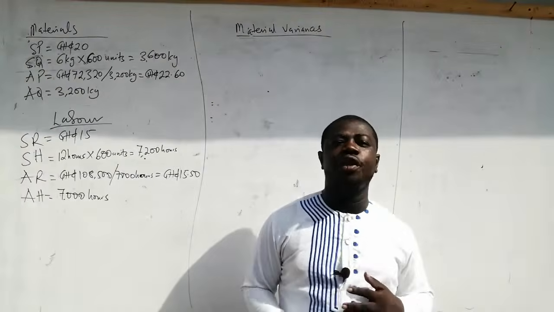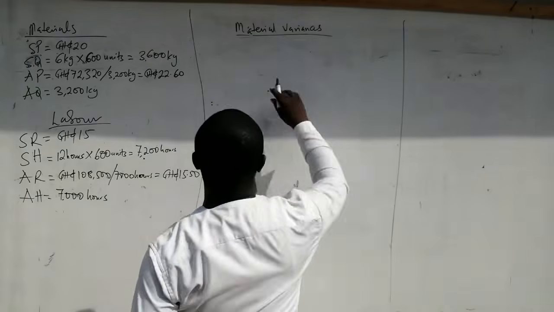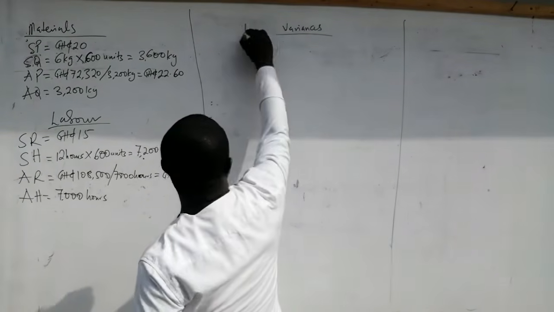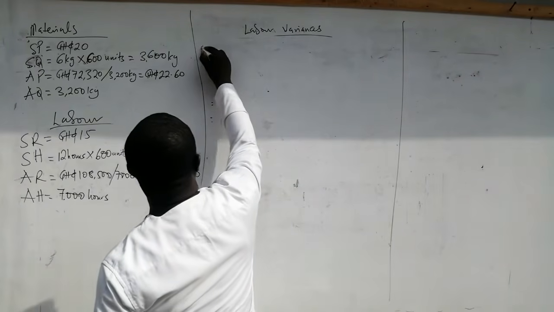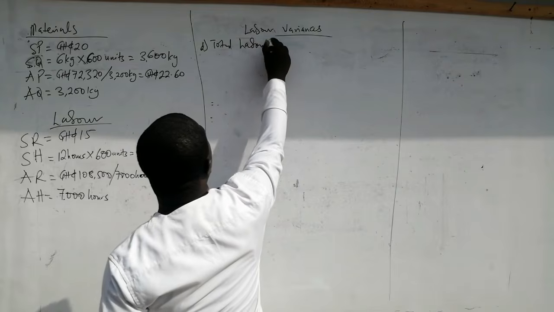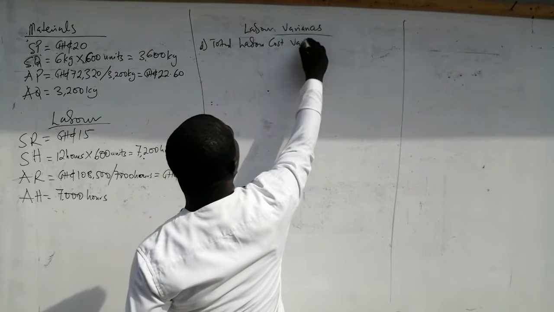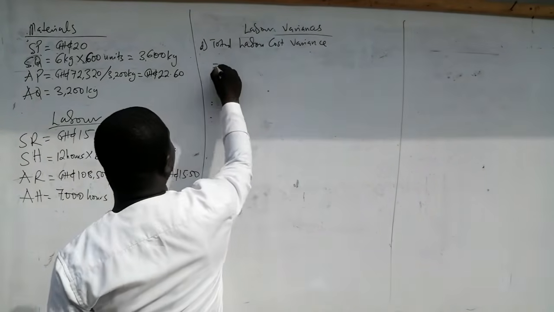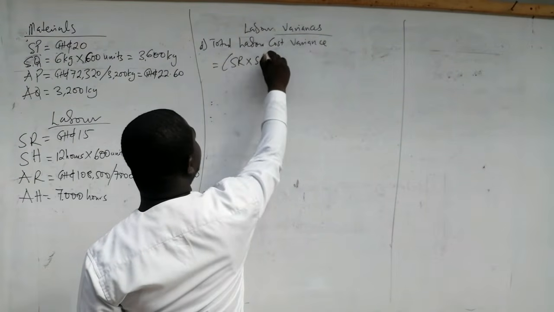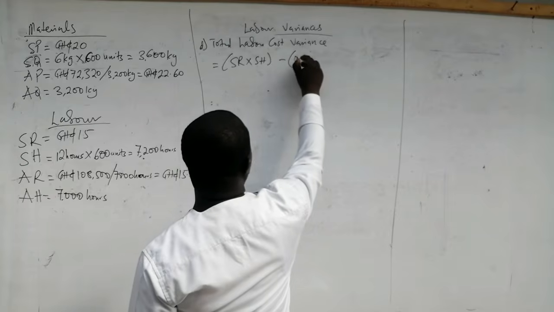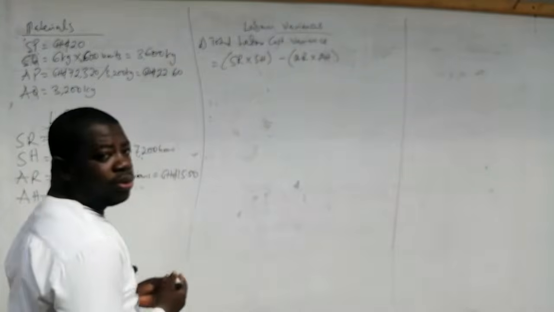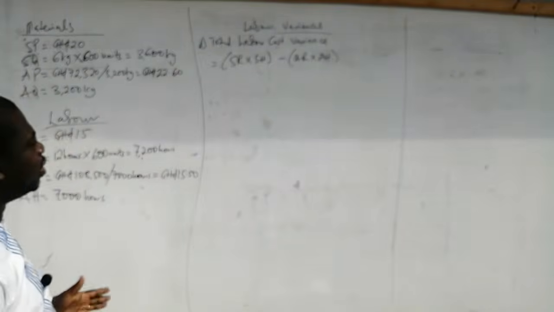And just like we did for the material variances, we are going to do for the labor variances as well. And so we'll start with the total labor cost variance. And the formula is given as standard rate times your standard hours, minus your actual rate multiplying your actual hours. And so I told you that once you have this information, you don't have any problem.